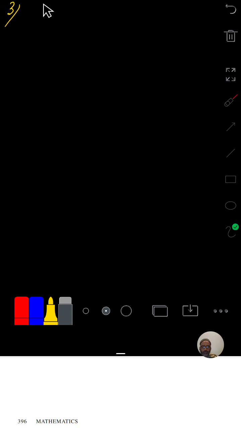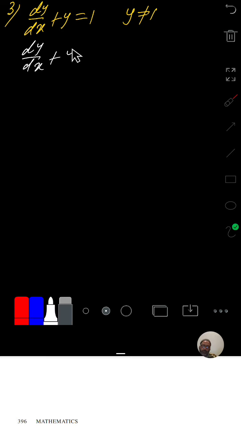Now third one is dy upon dx plus y is equal to 1, where y is not equal to 1. So dy upon dx plus y is equal to 1.